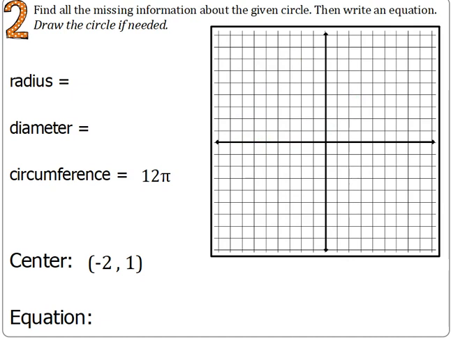If my circumference is 12 pi, that means that my diameter must have been 12. Diameter of 12 means that my radius must have been 6. Radius of 6, and we know that the center is located at -2, 1. So -2, 1. I'm going to be smart this time. Grab my circle.